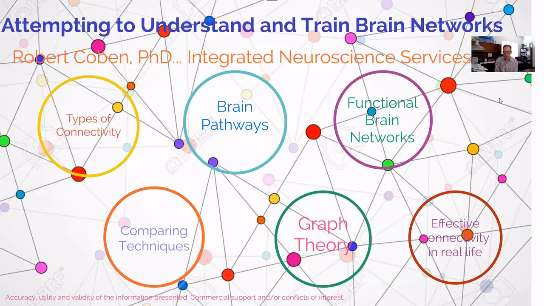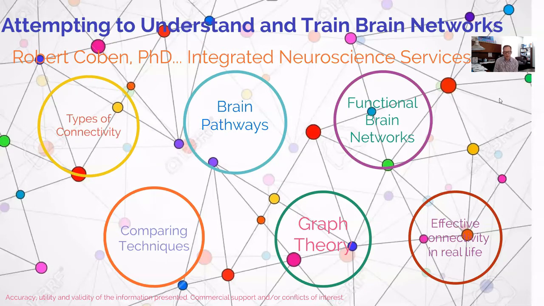So this will be part one of the webinar, which will focus mainly on understanding brain networks and how we can potentially assess functioning in those networks. And part two will focus more on the application of that and intervention strategies as well. But today we'll focus on part one.